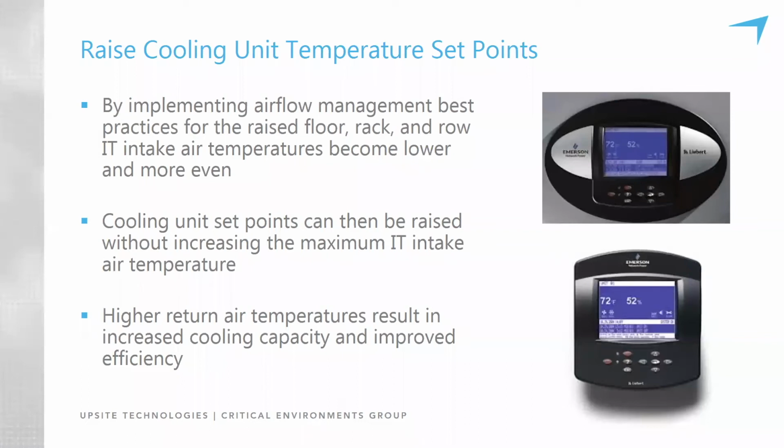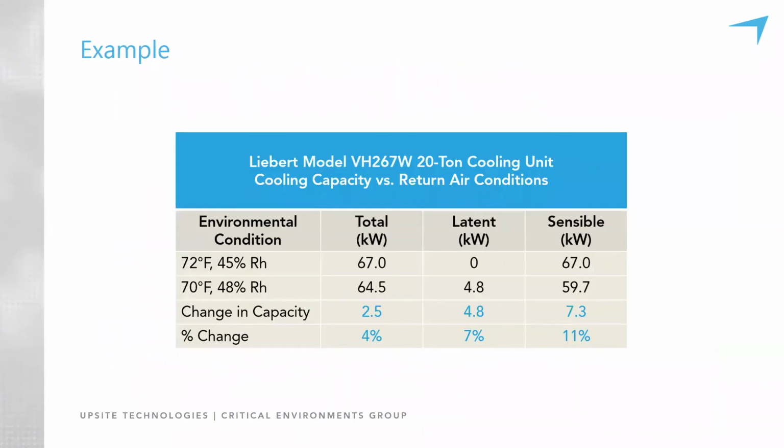And this is true whether it's a return air temperature controlled system or a supply controlled system. Adjustments can be made to increase that supply temperature, and therefore the return air temperature increases as well. And the higher the return air temperature to a cooling unit, the more efficient it is and the higher the capacity that it has.